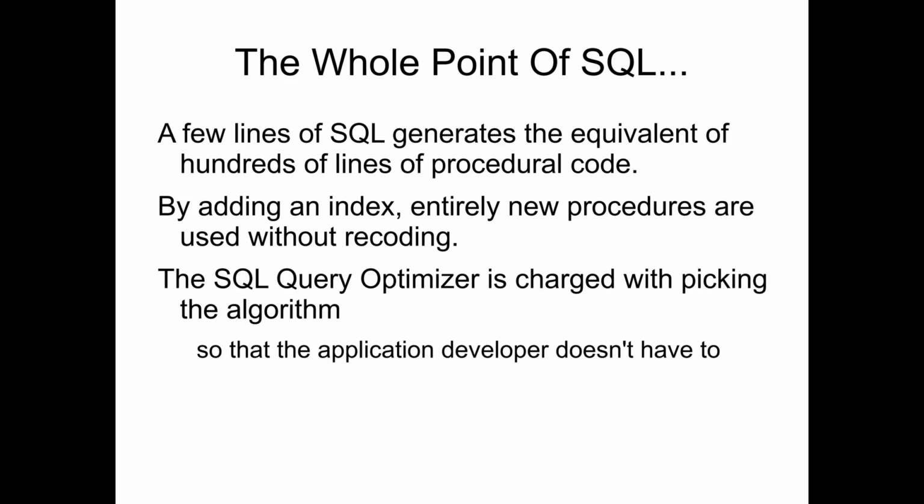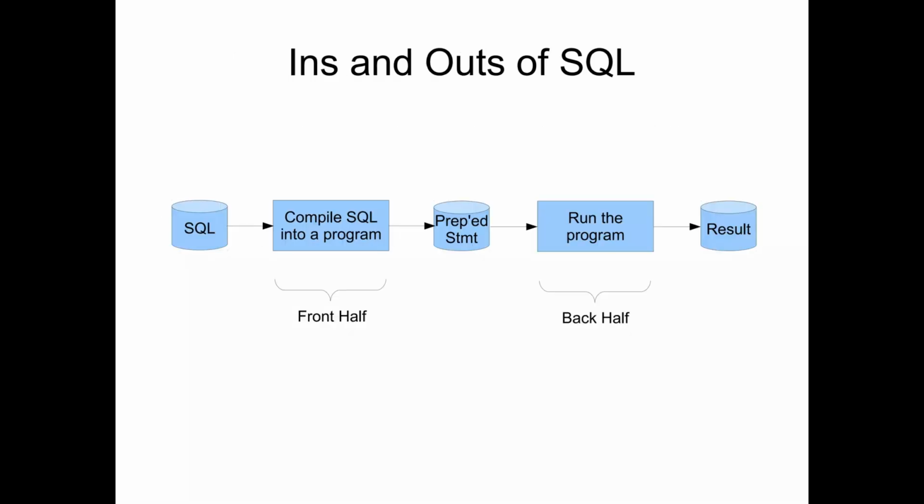A few lines of SQL will automatically generate a ton of procedural code for you, and simply by adding an index to your schema, you can select a completely different set of algorithms to use. The task of selecting which algorithm to use to access your data is the job of the query optimizer. And so that's where all the voodoo is happening.